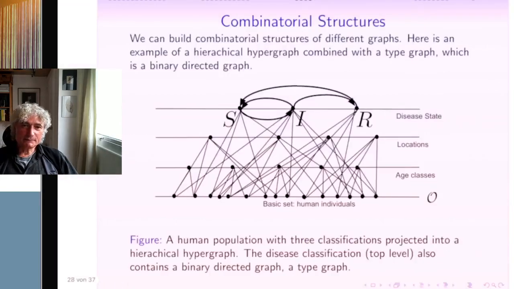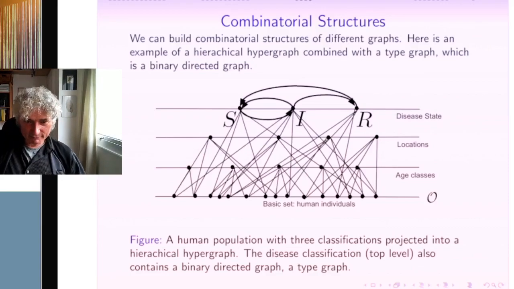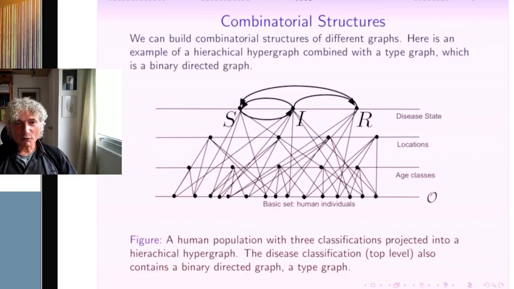Okay, now this is to show you that you can also, of course, have combinations of a hierarchical hypergraph or an M-partite graph and just normal graphs, so in this case a directed graph. And I give you the mathematical modeling example from before. So again, we want, for example, to model a disease with an SIR model.